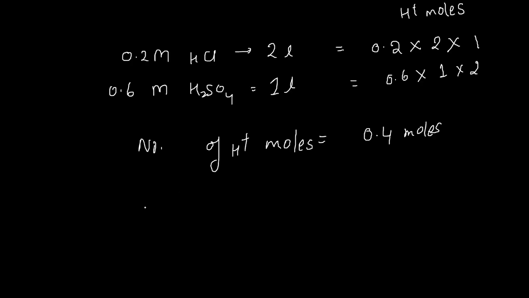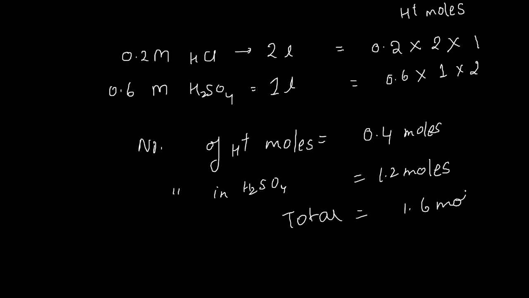Then the H plus moles in H2SO4 is going to be 1.2 moles. The total number of moles is going to be 1.6 moles.